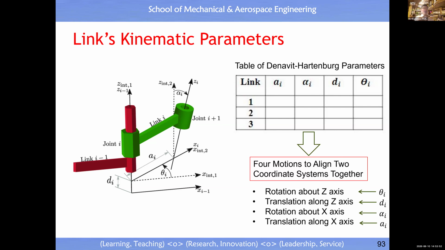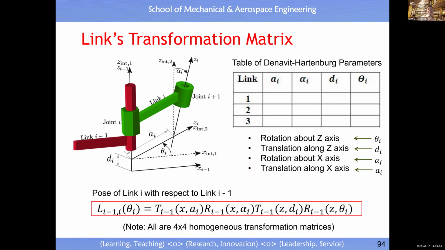This is the DH parameter. If you apply these 4 parameters, you have a coordinate system assigned to link i and one assigned to link i-1.